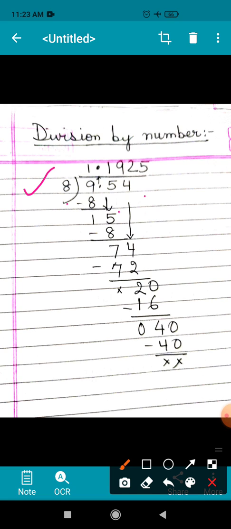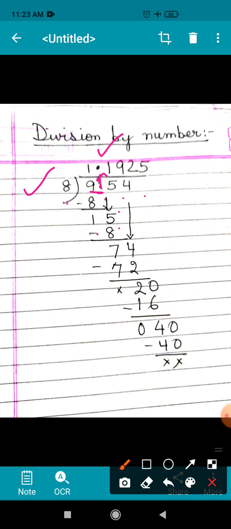9.54 divided by 8. One time, one digit you will take at a time. Read the table of 8. One time it will go. 9 minus 8 comes 1. Now the second step, copy down the next digit. But you can see before that there is a point or decimal. So you will bring this point up on the quotient place and write it here.